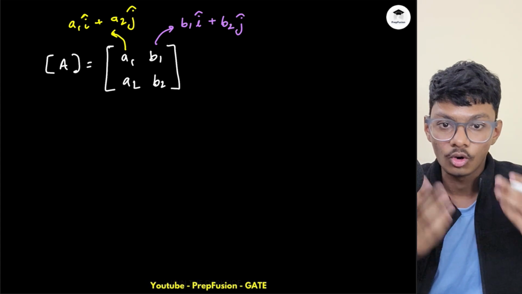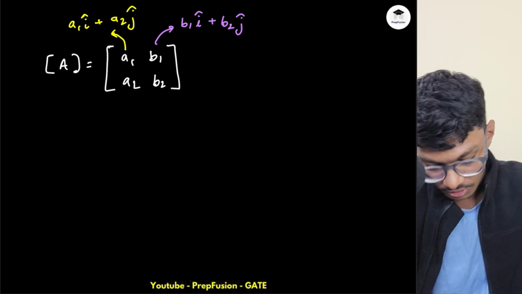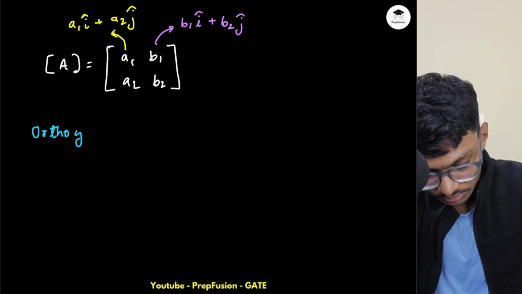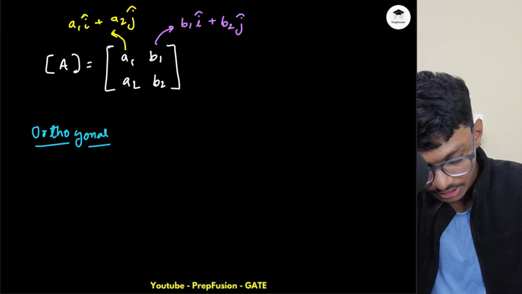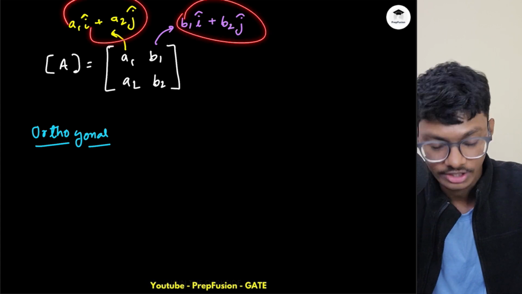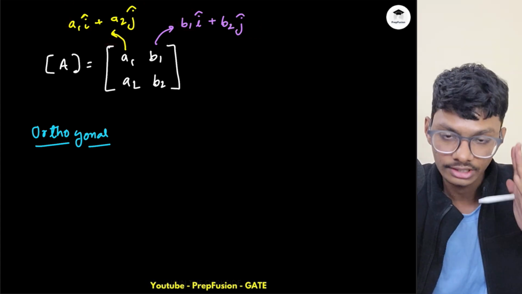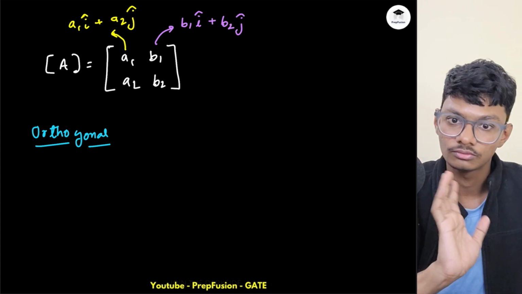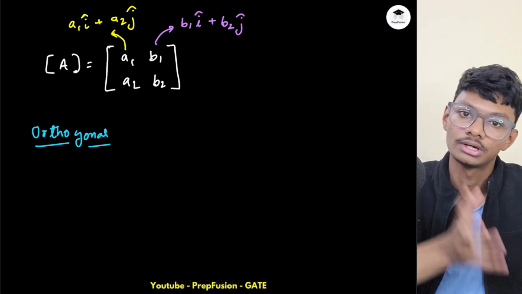Now, what does orthogonal mean? To satisfy orthogonality means that the dot product of these two has to be equal to 0. We have studied this in vector algebra during class 11-12. If you haven't already, then don't worry. When we study vector calculus, I will teach you all this.